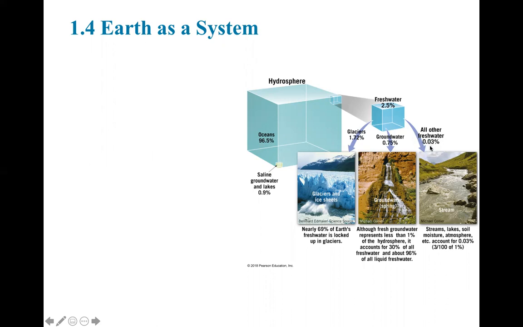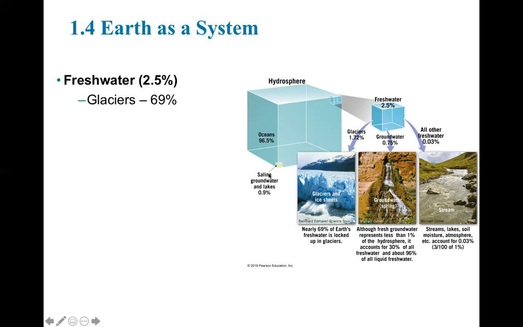With the rivers, we only have 0.03% of all the water on the planet. So we're going to have a whole lecture on rivers, and they're important for our planet and for society, but just recognize that it's only a small fraction of the water on the overall planet.